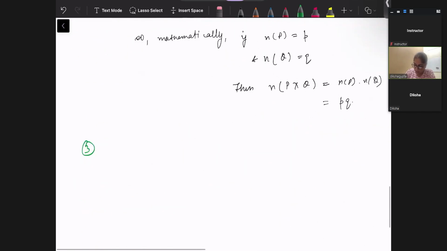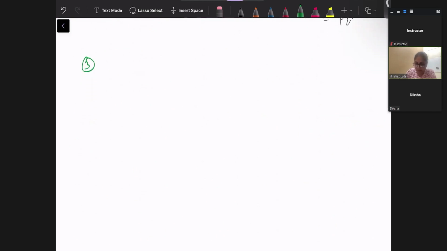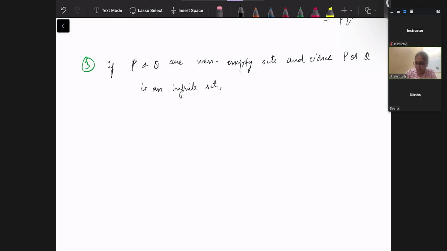So this is what our next remark is, that if P and Q are non-empty sets and either P or Q is an infinite set, then P cross Q is also an infinite set, right?